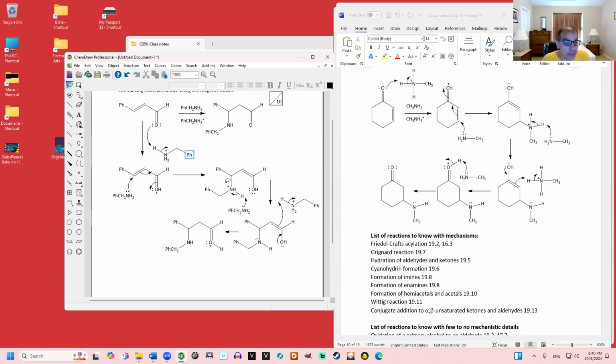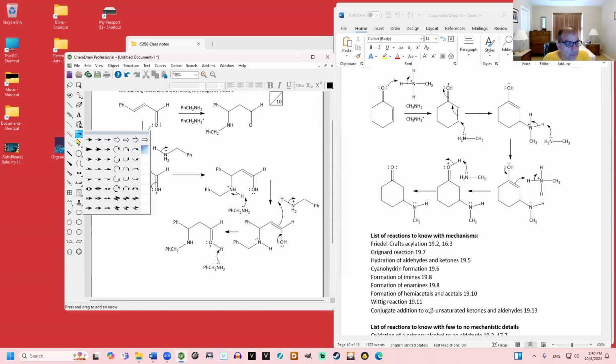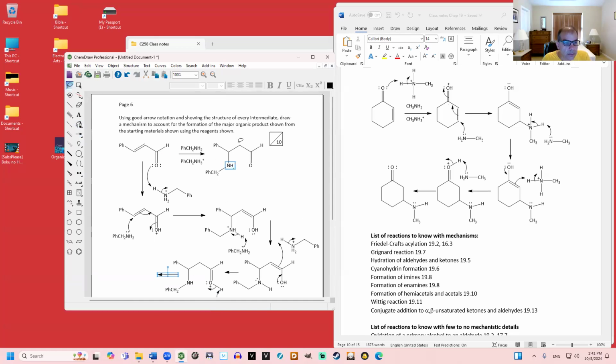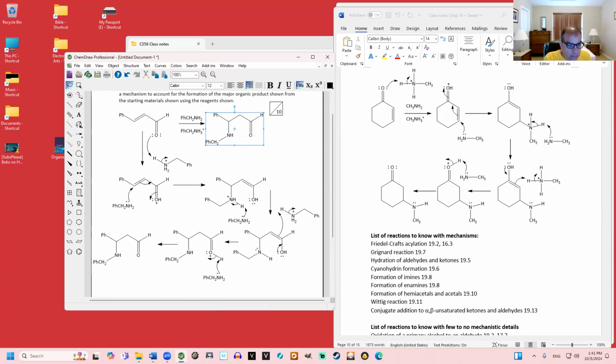So all we need to do to get our final product is get rid of that plus charge by deprotonating that oxygen, and then we're done. We return the electrons to oxygen. And that gives us our final neutral product. Both lone pairs on oxygen, one lone pair on nitrogen.